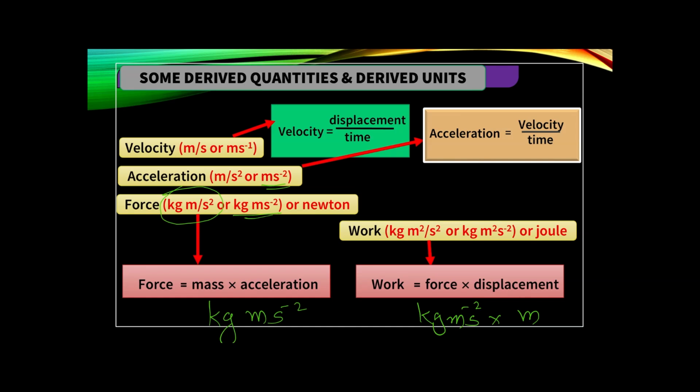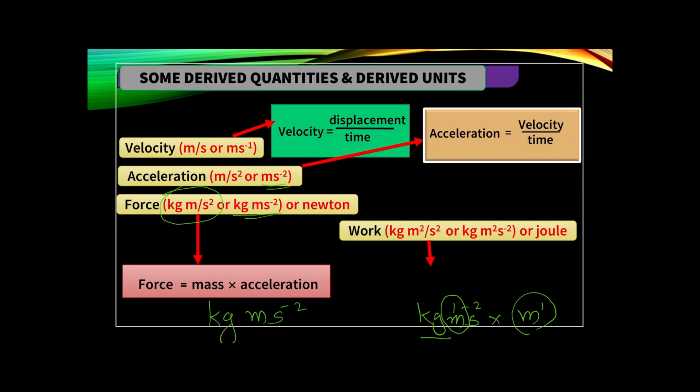Now m to the power of 1, another m to the power of 1. These two ones together, it becomes 2. So eventually it becomes kilogram, m and m becomes m² s^-2. Two ways: kilogram meter square s^-2, or kilogram meter square per second square.